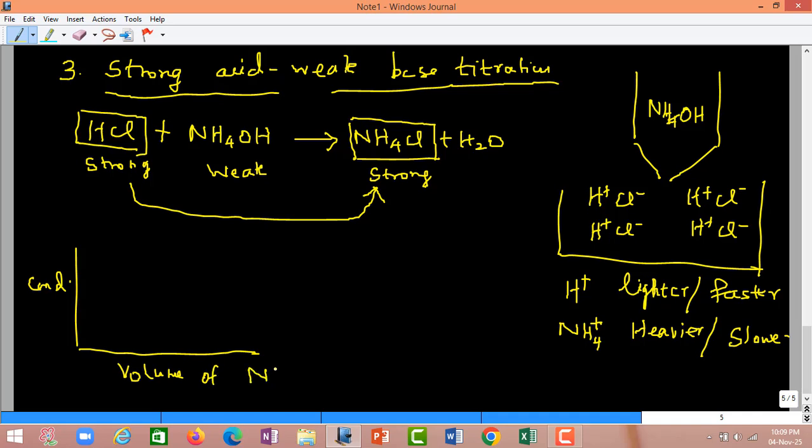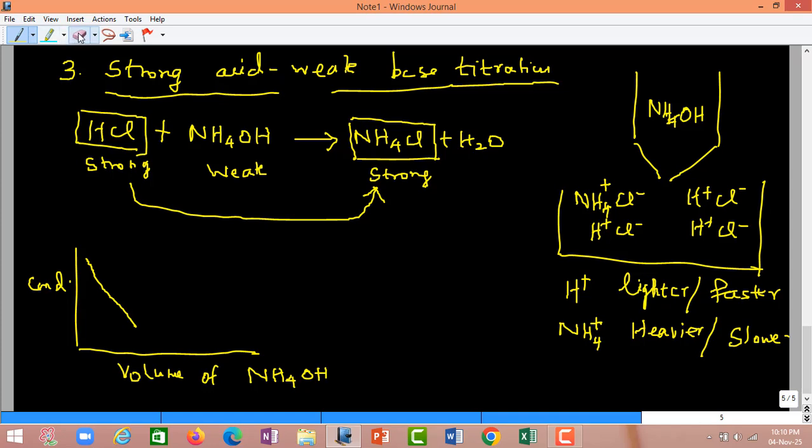Here the base is ammonium hydroxide. What we find is that instead of H plus, you get NH4 plus. HCl becomes ammonium chloride and the speed of the ions decreases and conductance decreases. That is, instead of H plus, you find NH4 plus.